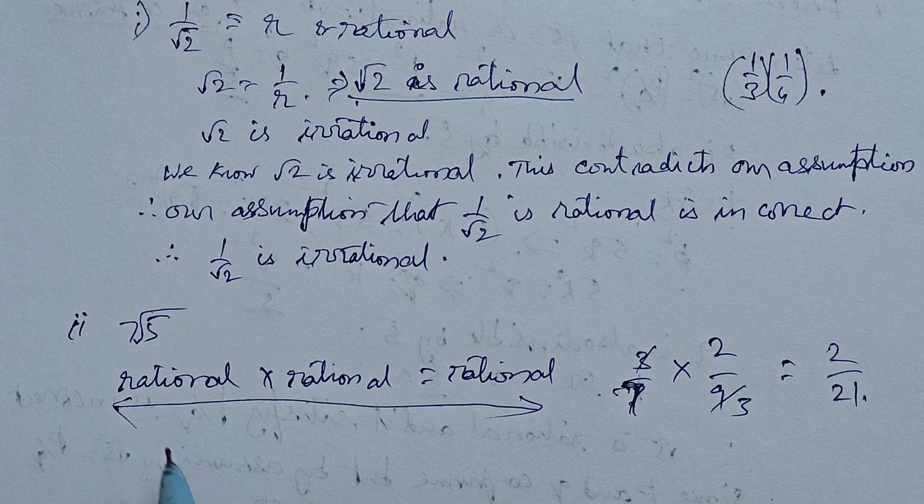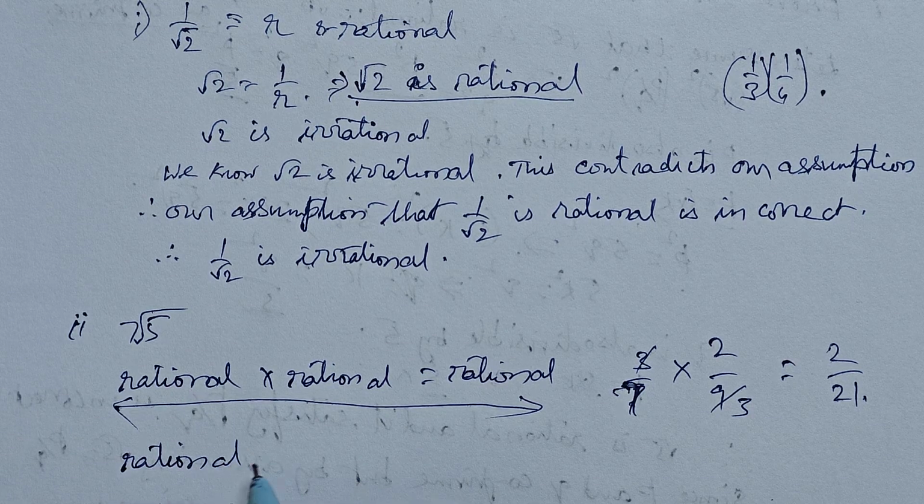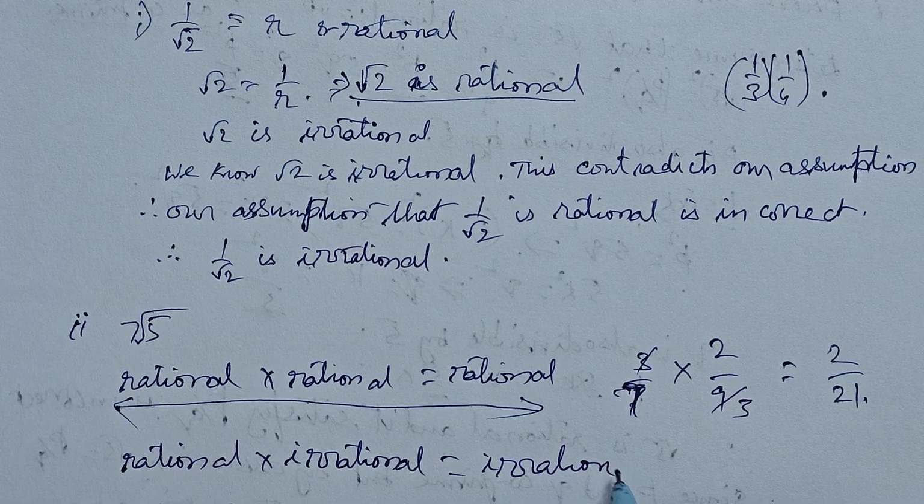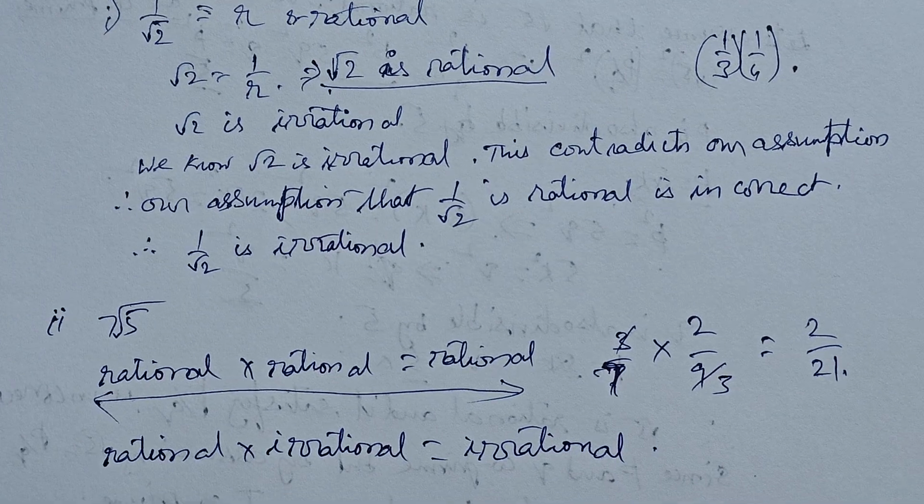So here 7 is rational and root 5 is irrational. And there is another property: a multiplication of rational into irrational is always irrational.